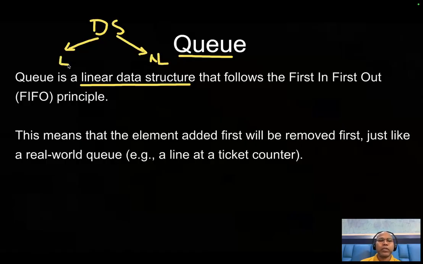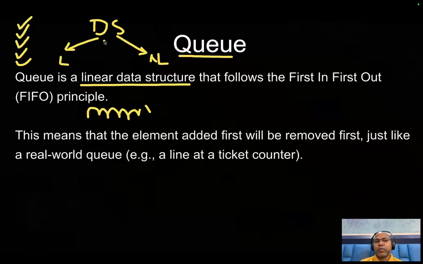Till now, whatever data structures we studied, array, list, linked list, queue, stack, all are linear data structures. That means you can traverse, you can visit elements one by one by one.